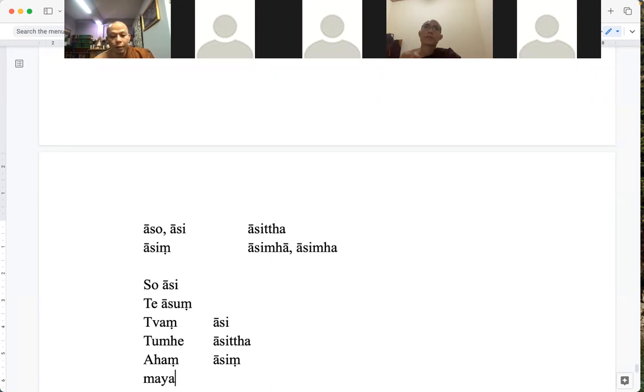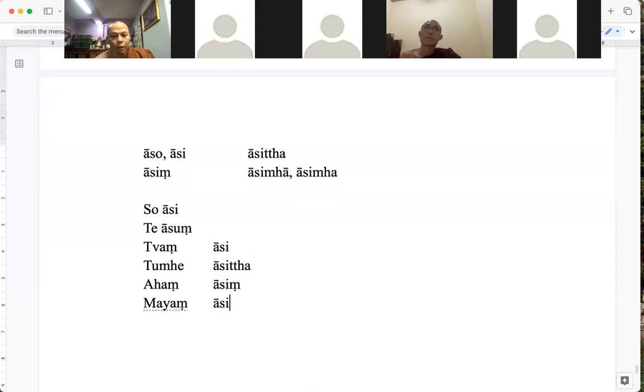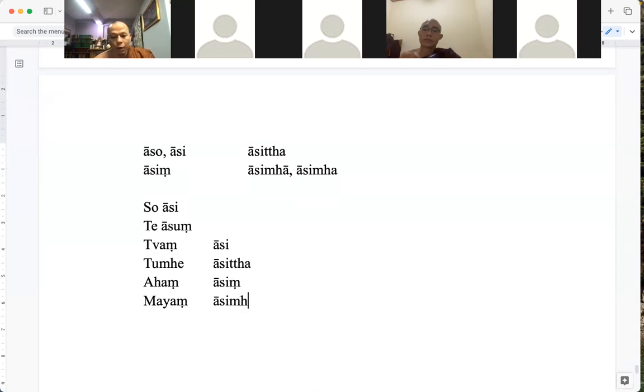Okay, and the mayam. So ma or ma this way. So at the time, so he was just that. Okay, we don't need to do anything to the translation.